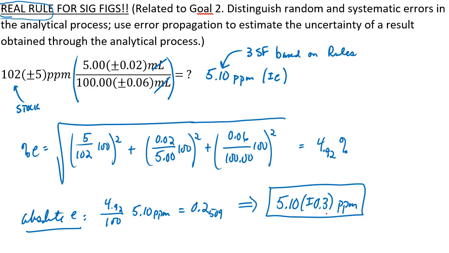I'm a little bit concerned because my uncertainty has 1 decimal place, but yet my concentration has 2 decimal places.